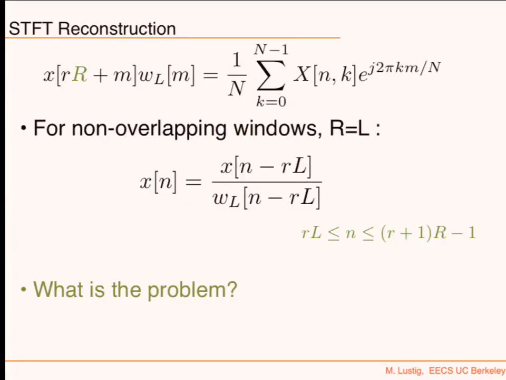Okay, so now, let's say you have a spectrogram. You computed a spectrogram. Now you have this two-dimensional space. How do you go back into the time domain? How do we reconstruct? As it turns out, for non-overlapping windows, for a particular n, you just take the inverse DFT.